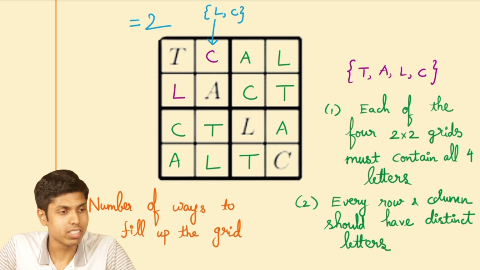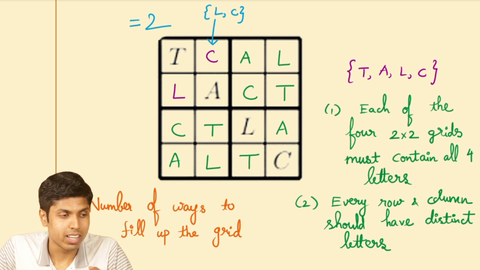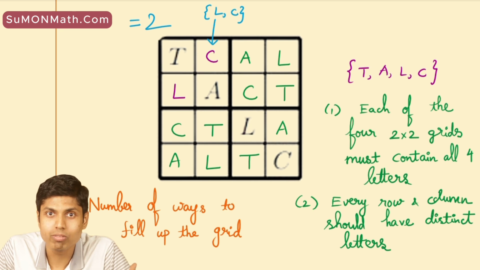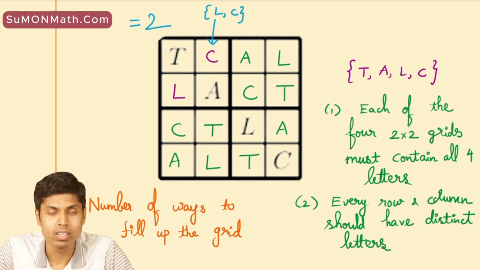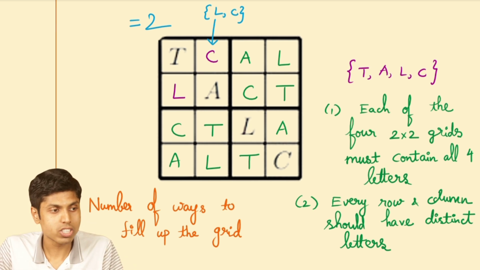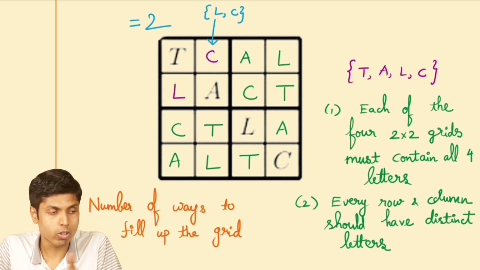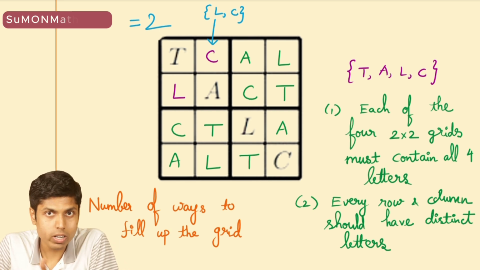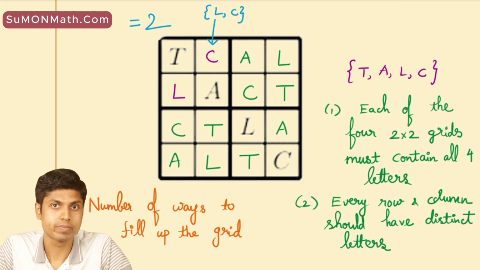Now, this is where our intellectual thinking and the beauty or the aesthetic of the question comes into picture. We have to pay attention to the subsequent letters that we use to fill up the grid. They all are determined based on that one cell.